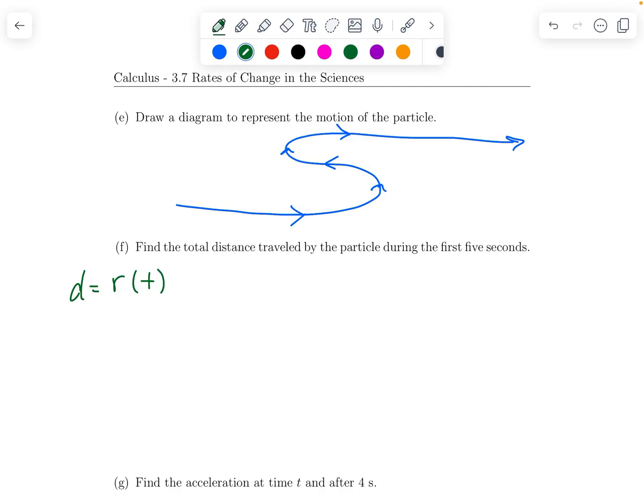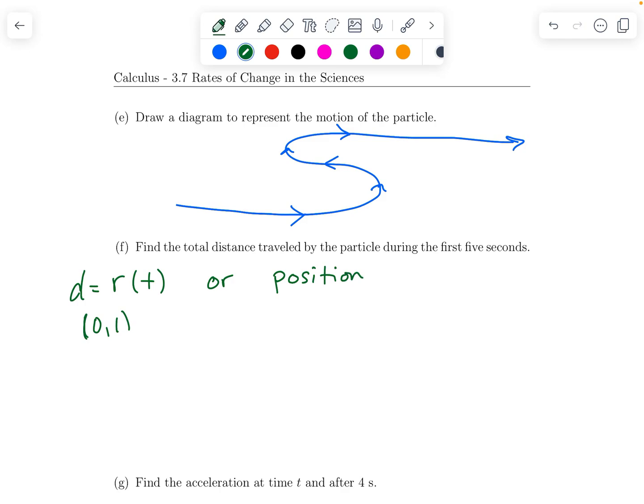Let's say from time 0 to time 1. Well, I could also just find the position. We could do that too.